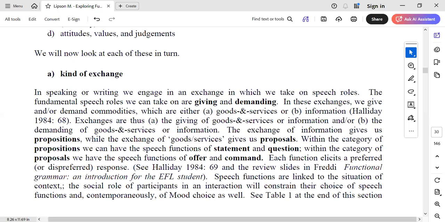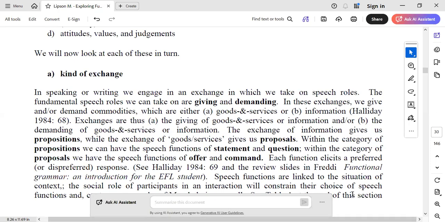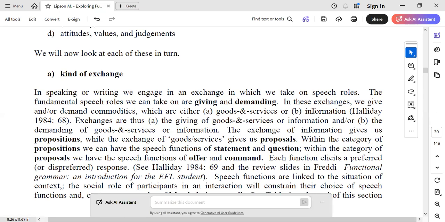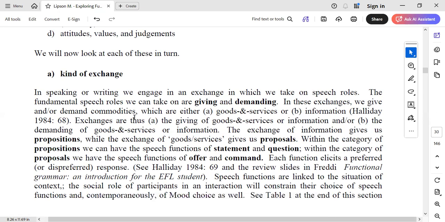The exchange of information gave us propositions, while the exchange of goods and services gave us proposals. In these exchanges we give and demand commodities, which are either goods and services or information. Exchanges are thus the giving of goods and services or information, or the demanding of goods and services or information.